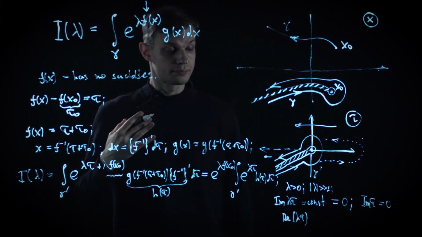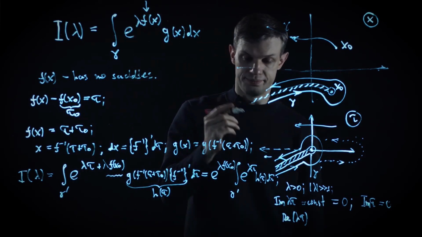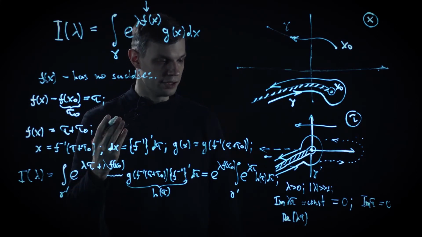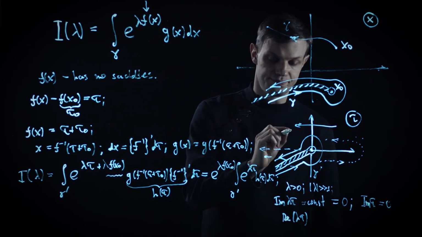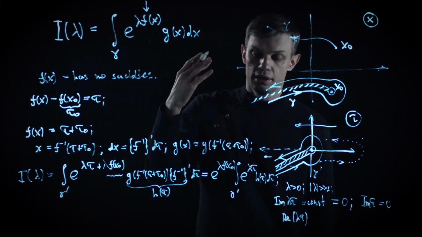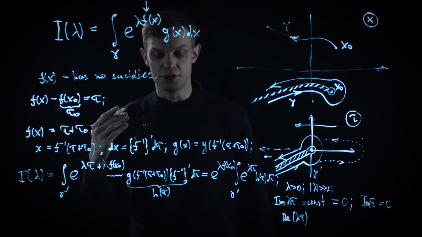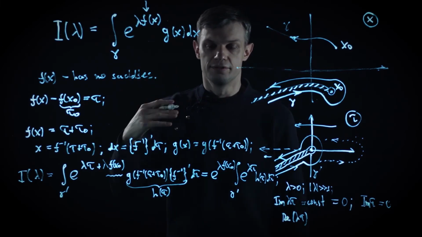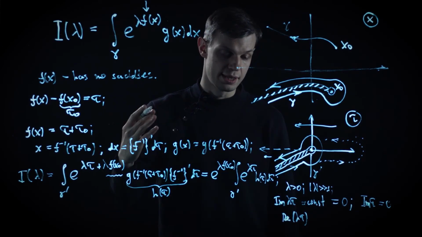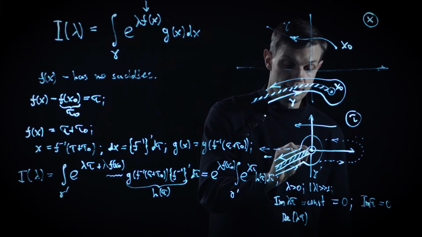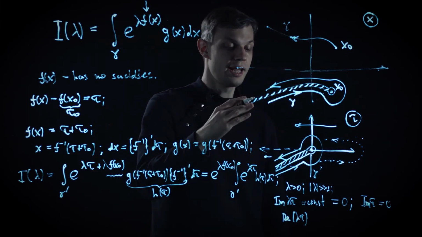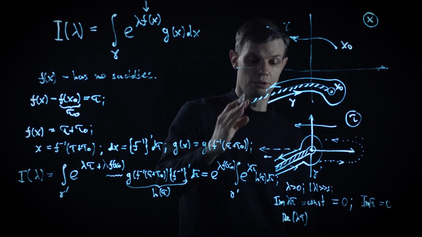Fortunately, there is a branch cut. That means that this g function is a multi-valued function, and we should see this function as defined on a set of Riemann sheets, and this branch cut is in fact the connection between the upper Riemann sheet and the lower Riemann sheet.